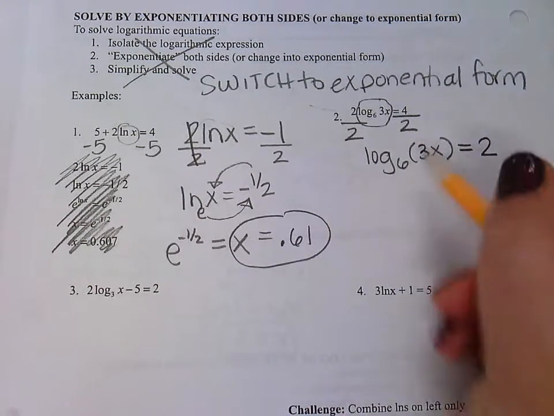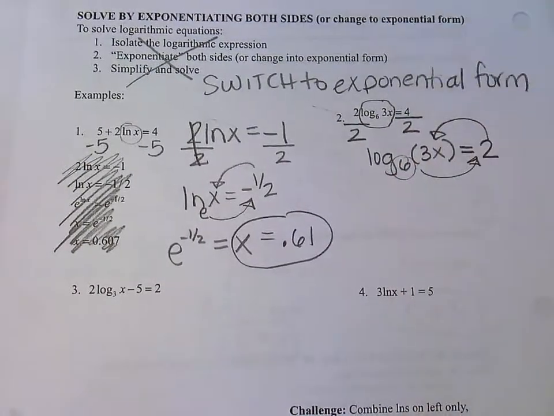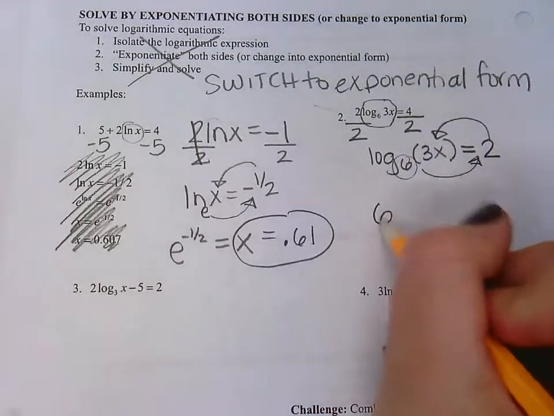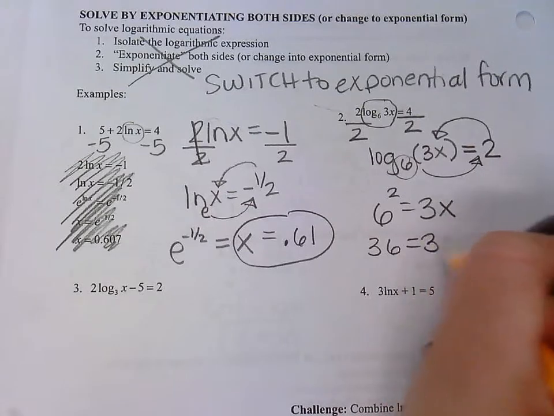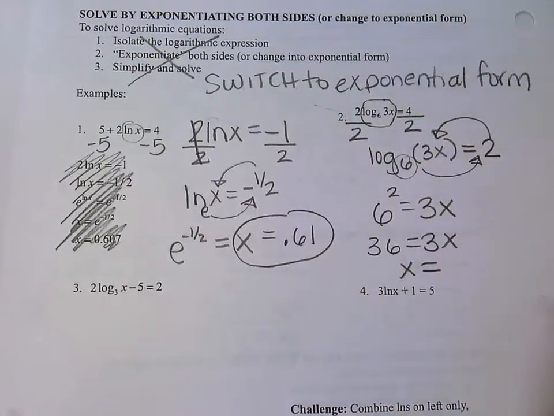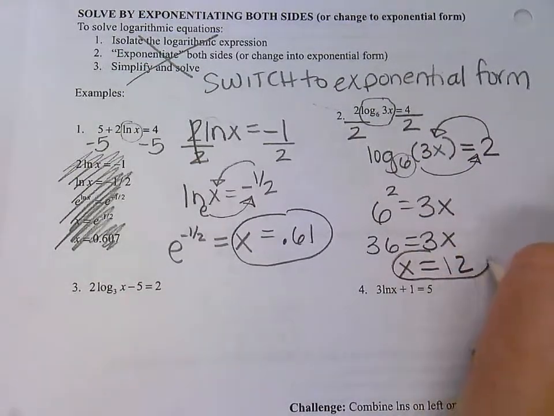The base is 6. 6 squared equals 3x. If 36 is equal to 3x, what does x have to equal? 12. So I could do that one without a calculator.